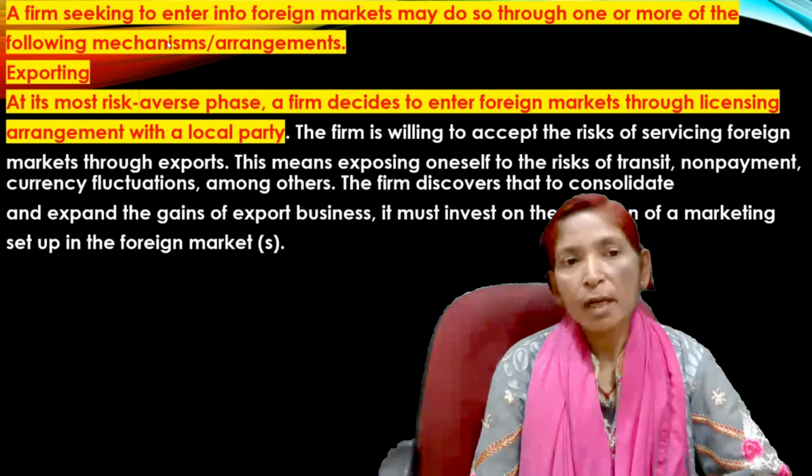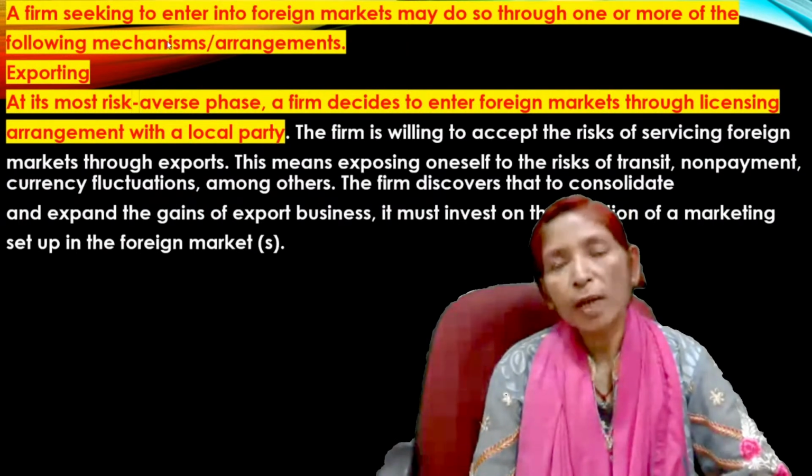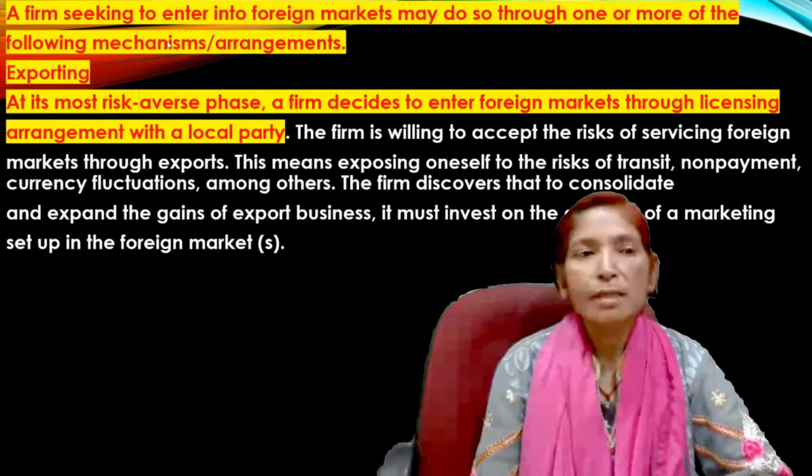As its most risk-averse scalar phase, a firm decides to enter a foreign market through a licensing arrangement with a local firm.